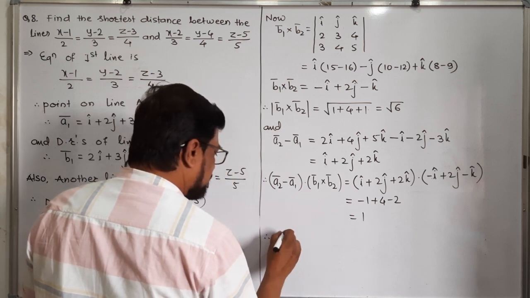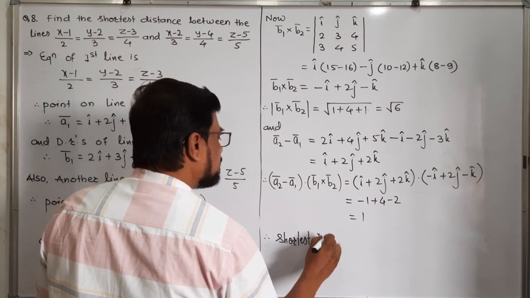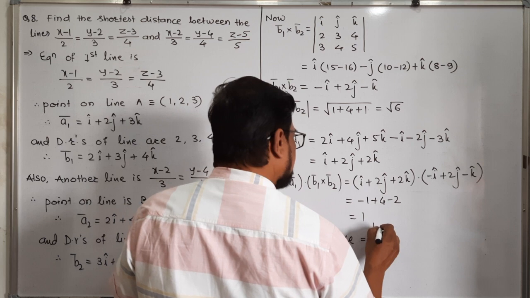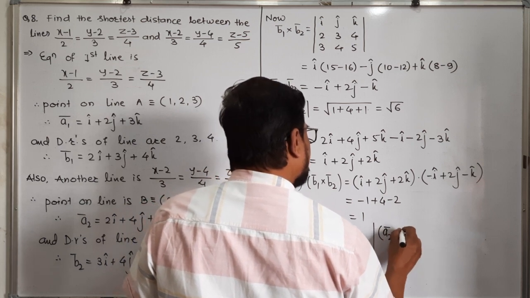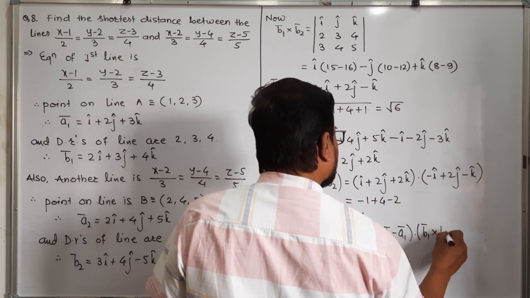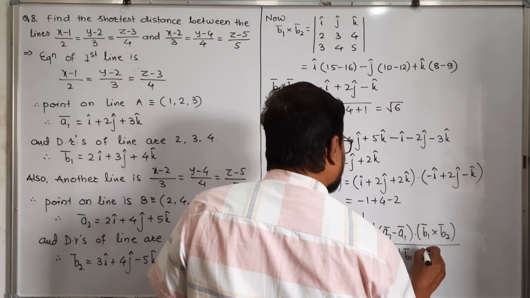Therefore shortest distance between lines is equal to mod of a2 vector minus a1 vector dot b1 vector cross b2 vector upon magnitude of b1 vector cross b2 vector.